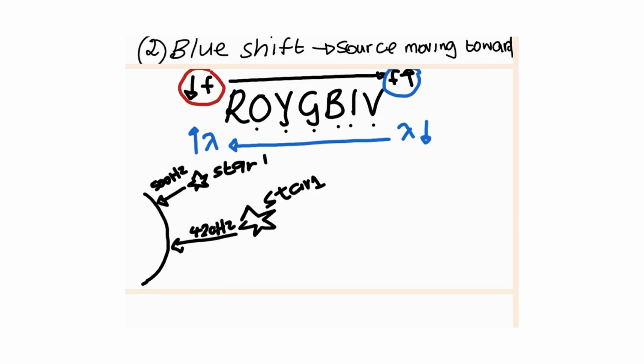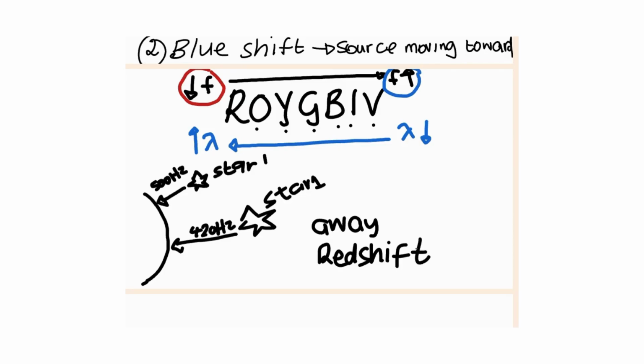So the frequency was 500 today, but next week when we measure it, it's 420 hertz. The frequency has decreased. What does that tell us about star 1? Is star 1 moving towards the universe or away from the universe? It means star 1 is moving away from the universe because its frequency is decreasing. It means star 1 is undergoing a red shift.